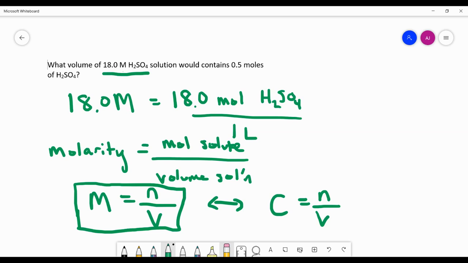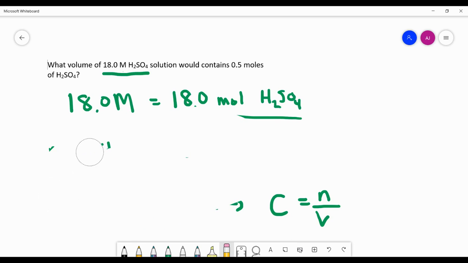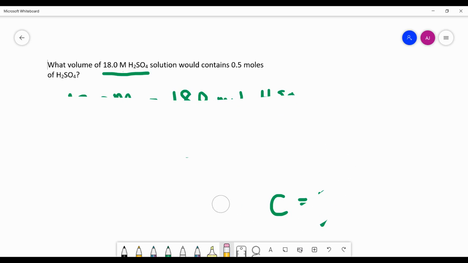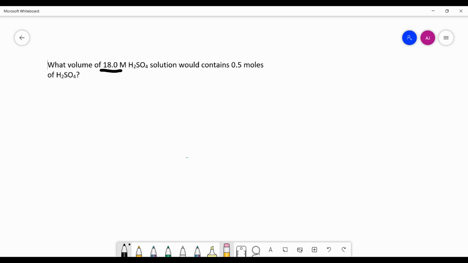So let's now take a look at solving this equation. As with solving any equation, we start off by writing out our givens. So look for the quantities. I see, okay, I'm given a concentration.